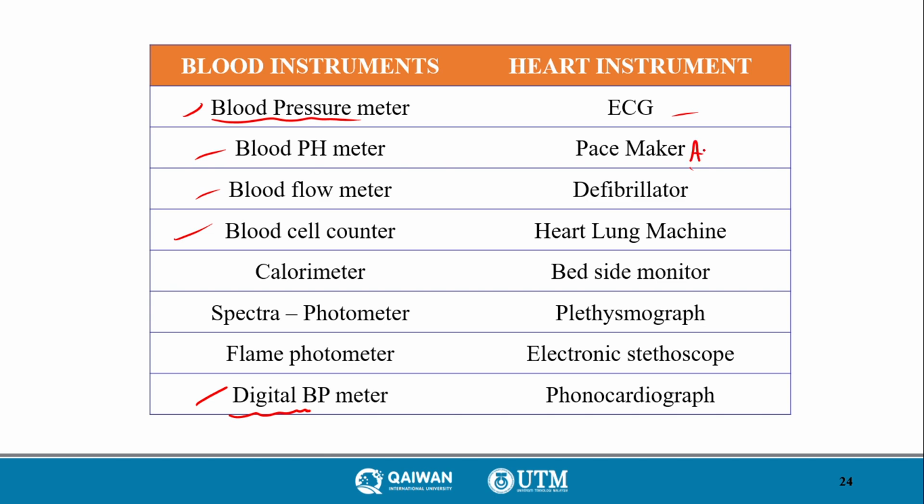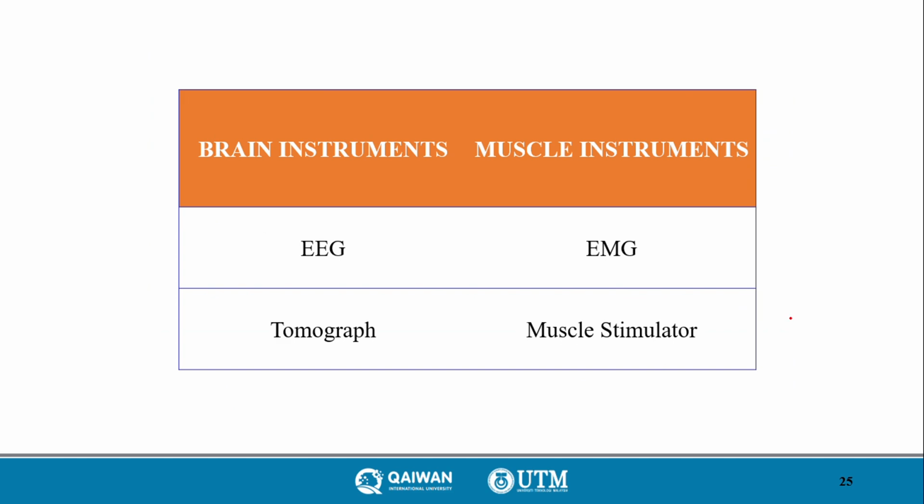This is the artificial pacemaker. The natural pacemaker is the SA and AV nodes in the heart. Defibrillator, heart lung machine, HLM. Also, baseline monitor, stethoscope, the electronic one, and phonocardiograph, and other devices.